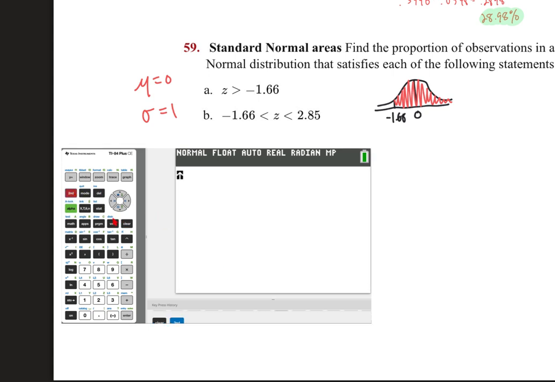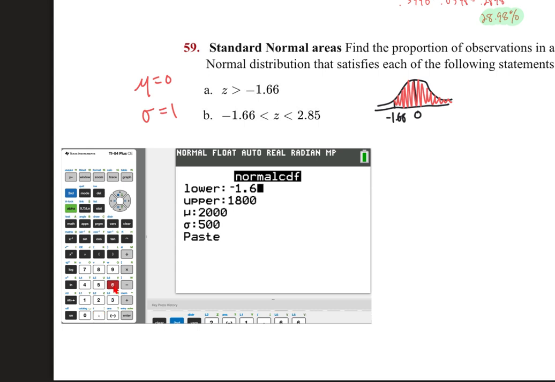Okay, so second vars, distribution, number 2. It's normal CDF. So now our lower is the negative 1.66. Our upper, we'll just keep that, just some big upper number. Doesn't matter. We could do 1111 or something. I could have kept that other number there too. We'll get the same answer.